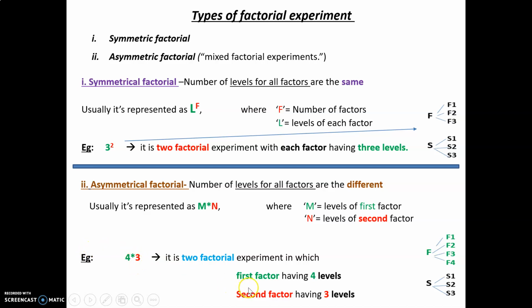Here the first factor has 4 levels, the second factor has 3 levels. So both factors do not have an equal number of levels. This is why it is called an asymmetric factorial experiment. It is also called a mixed factorial experiment.